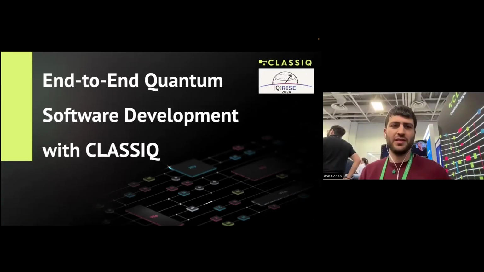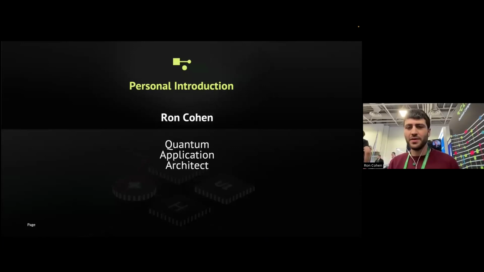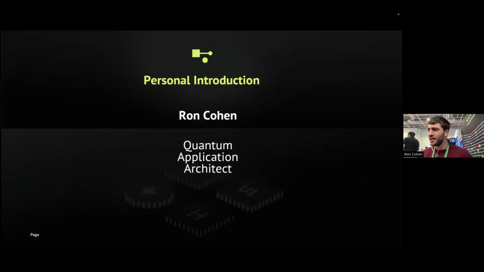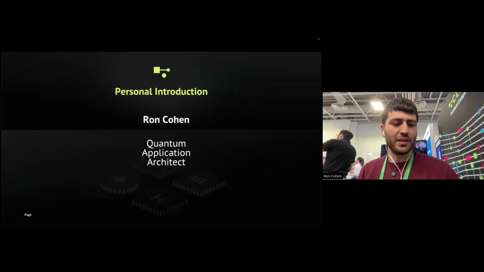Let me start briefly with: what is Classiq? What are we doing? It's an end-to-end quantum software development platform. My name is Ron. I'm a quantum application architect. I have a master's degree in electrical engineering in the field of quantum error correction and measurement-based computation. I have worked at Classiq for about 2 years. I have been in R&D, developing in the library team, and then in execution on hardware.